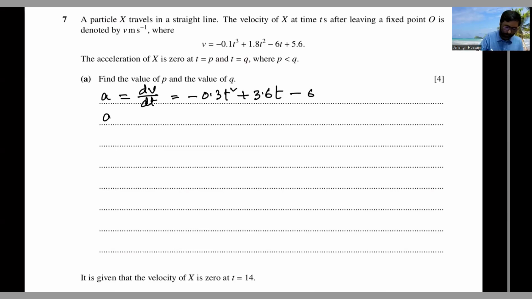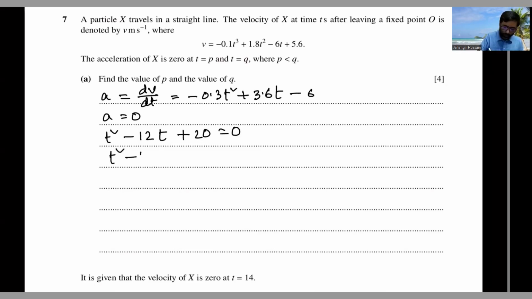Now set this acceleration equal to 0. So we have a quadratic equation. If we divide it by minus 0.3, we have t squared minus 12t plus 20 equal to 0.